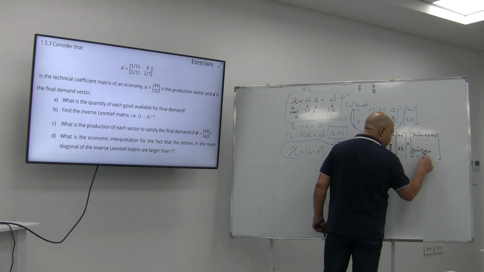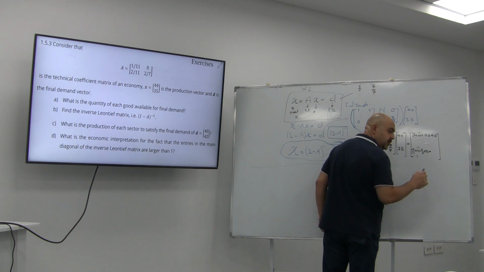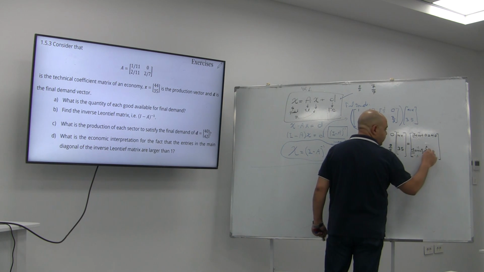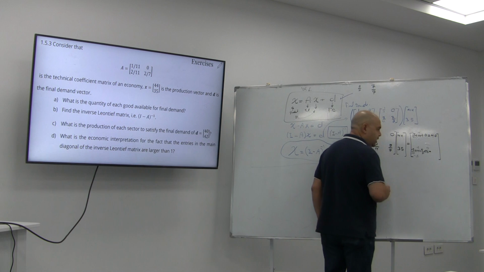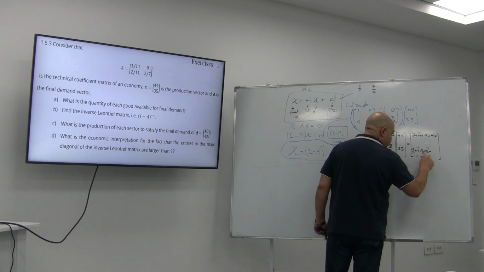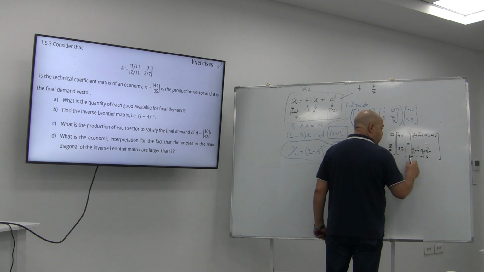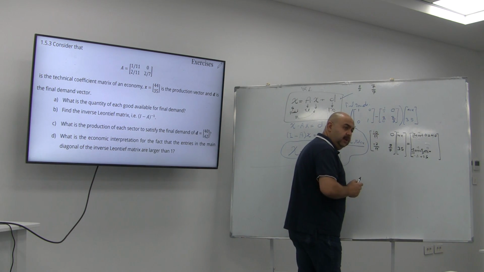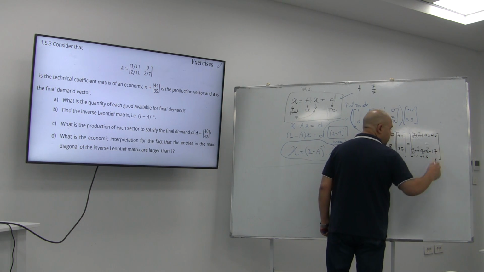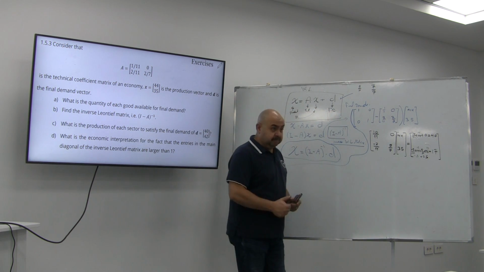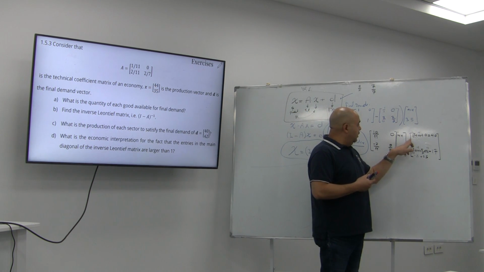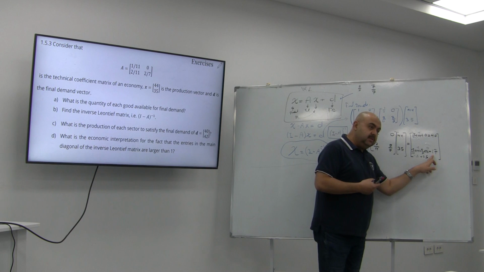In a similar manner, 7 with 35, if you just try to simplify things a little bit, you will have 5, I believe, 5 times 7. So 5 times 5 is going to be 25. So this is plus 25. Negative 8 plus 25, you will have 17, I believe? Yes? Okay, 17. So the final demand is going to be 40 and 17.